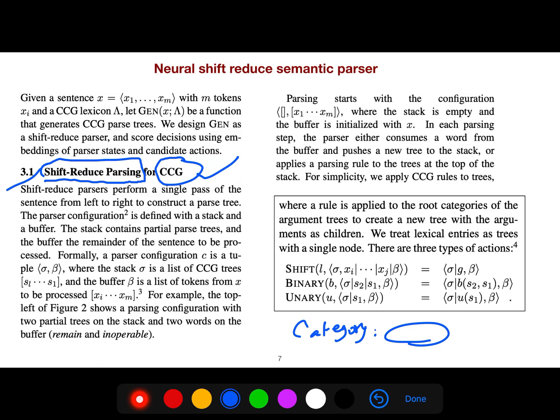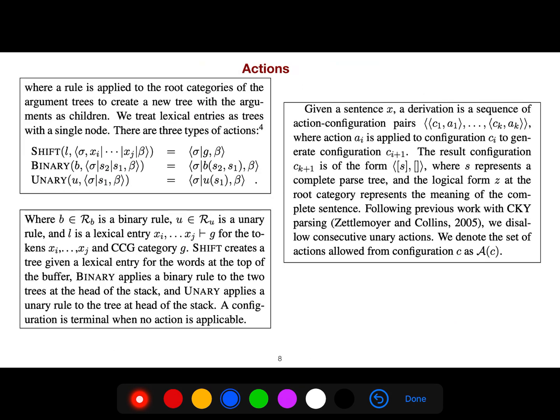It has syntax, but it also has that lambda expression. And in any shift reduce parsing algorithm, you have some actions. So your actions could be just shift, or complex actions like unary and binary. Binary is that you have two categories, and you combine them.